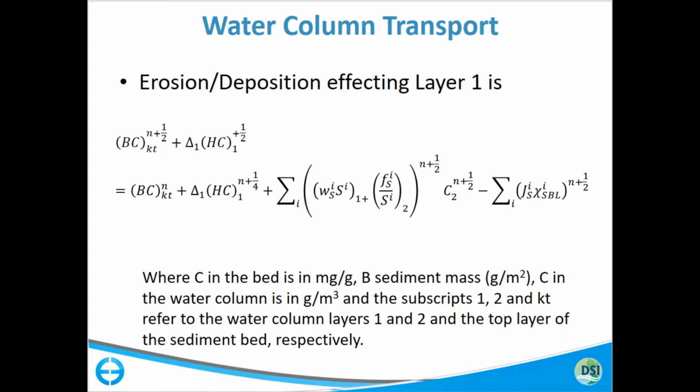Because the C here is assuming that you're using a unit mass concentration, it's milligrams per kilogram of toxics.